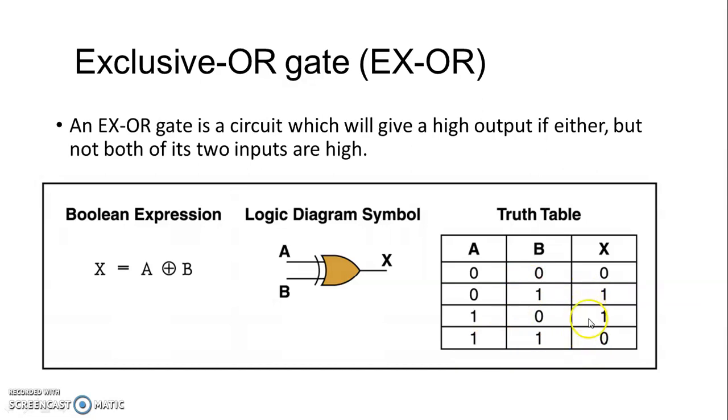Otherwise, it is high. Here is the Boolean expression for XOR gate, which is X equal to A exclusive-OR B. This is the symbol for exclusive OR. Logic diagram symbol is A, B. Here are two inputs for XOR gate and X is the output. And here is the truth table.